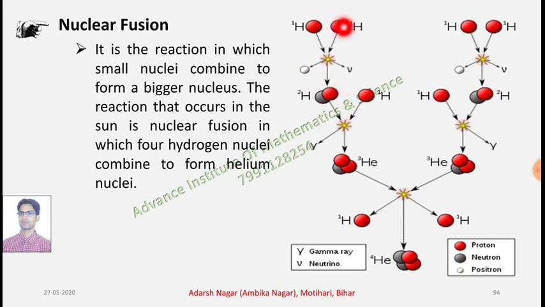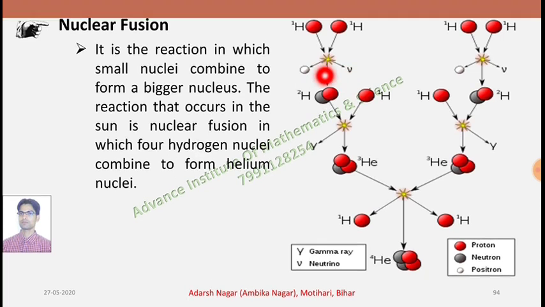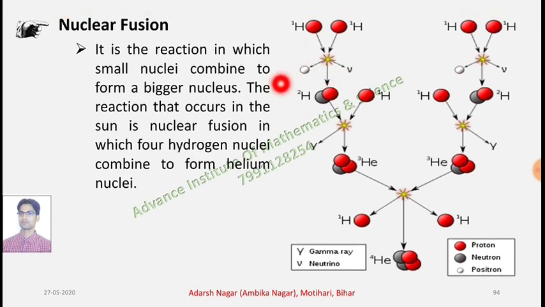Protium has mass 1, deuterium has mass 2, and here gamma rays are released, as well as a positron. Again this deuterium combines with another protium, and it forms tritium. It forms tritium, meaning having atomic mass 3.